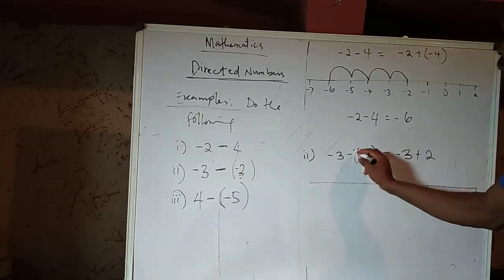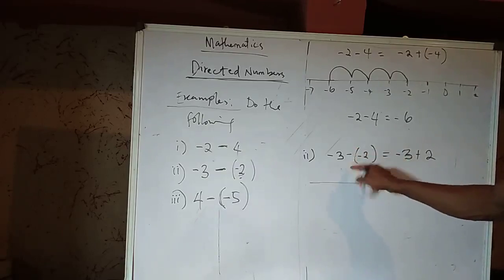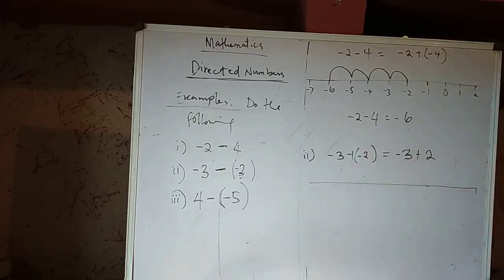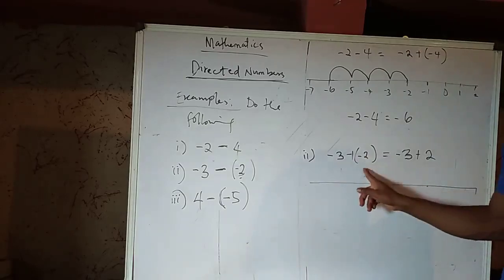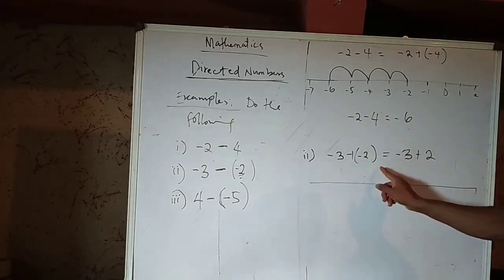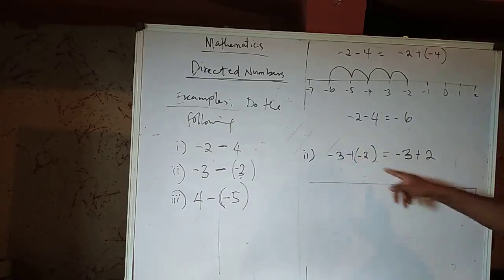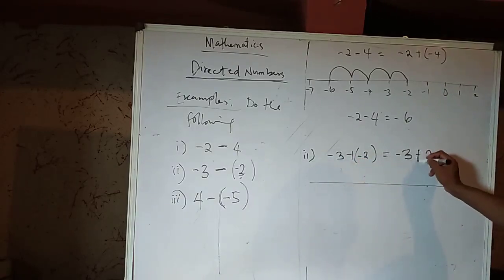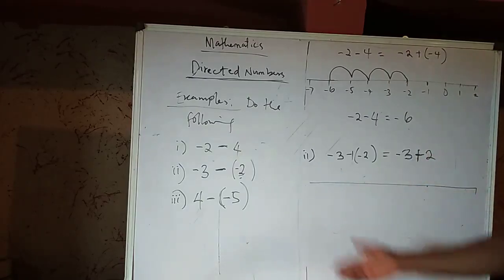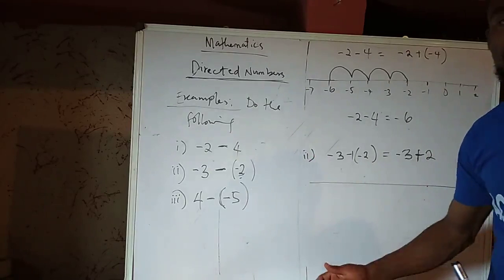So this is like saying you have minus 1 outside the bracket. And of course, we cannot solve this problem with the bracket, so we have to clear the bracket. So you use this minus 1 to multiply the negative here, and you're going to get a positive. We are going to look at that shortly, when we talk about multiplication of directed numbers.